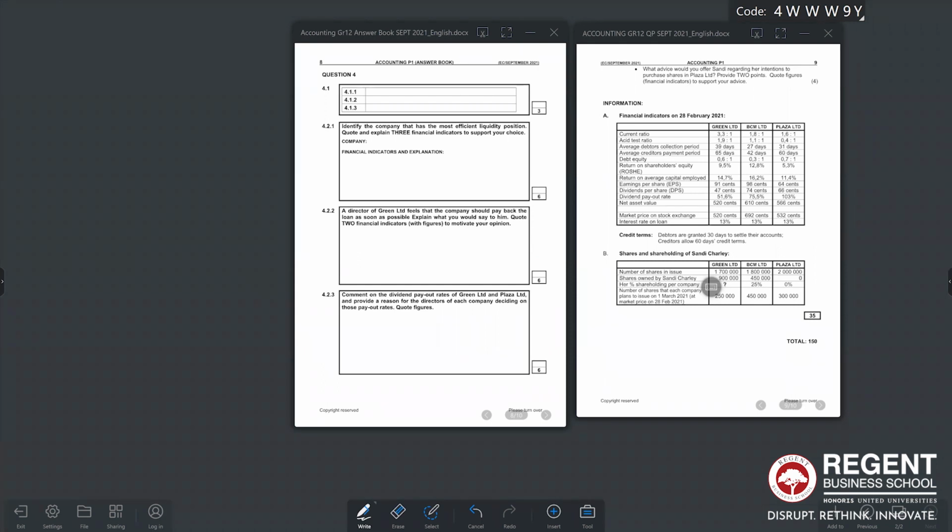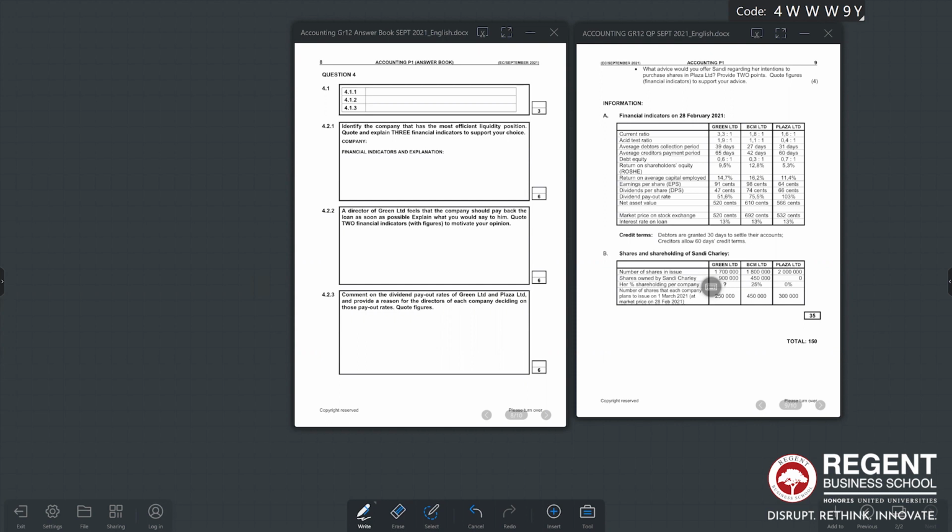Now let's look at what was the DPS, dividends per share. It was 47 cents in Green Limited. What was the EPS? It was 91 cents. Now, it still doesn't tell you anything until you convert that to a percentage.